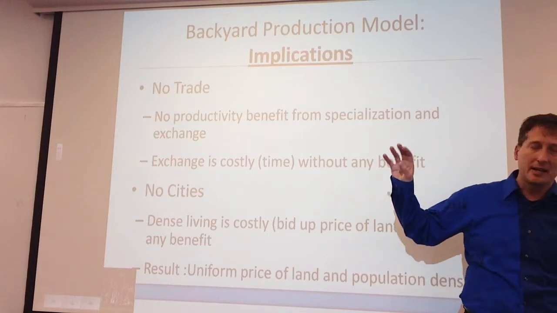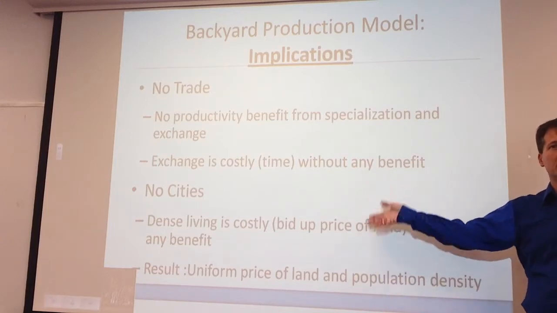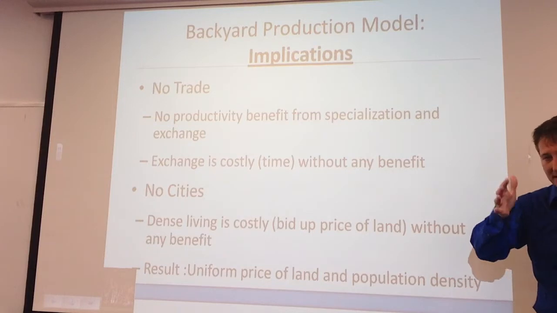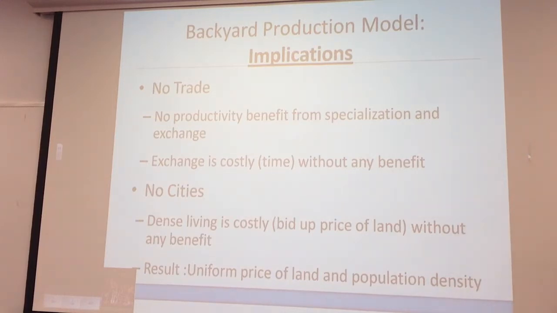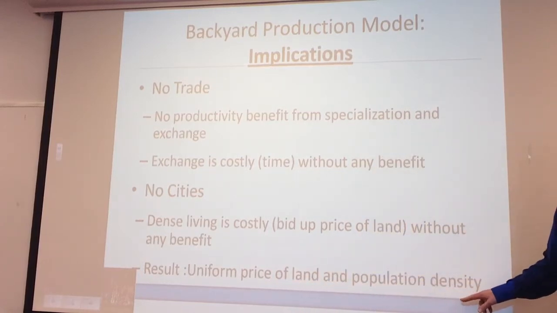There are no cities. What we've done is create a really restrictive model to say there's not going to be cities happening if this is the way the world looks. But of course we all know the world doesn't really look that way. So this is our first baby step in trying to think about how cities develop. And this last bullet, I should point out, is uniform price of land and population density.